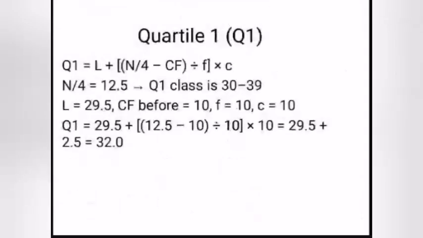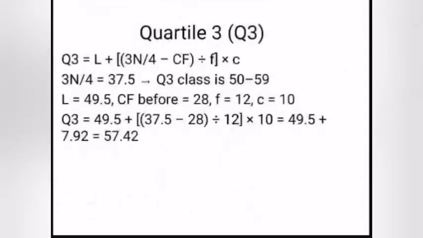So you put it back in your formula. You have 49.5 plus 3n over 4, which already gave us 37.5, so bracket 37.5 minus the cumulative frequency before the class, which is 28, then divided by the frequency of that class, which is 12, then times the class width, which is 10.